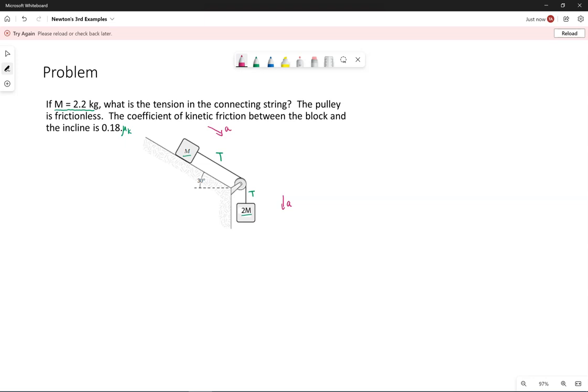So from here, we want to draw out and write out our force equations from our free body diagrams.